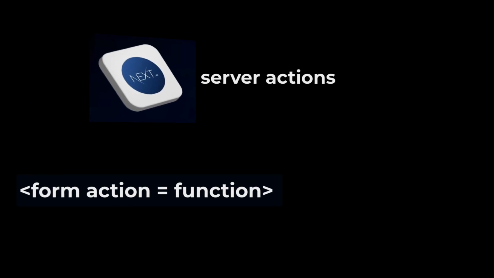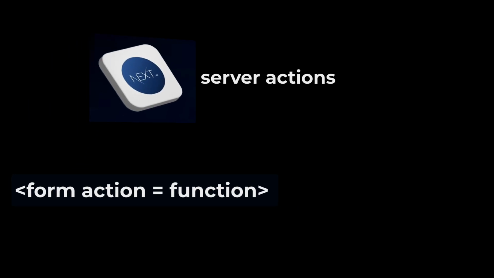But in recent times, in NextJS applications, and with the advent of server actions, we can just pass a function to the action attribute and we can take care of everything from there on.